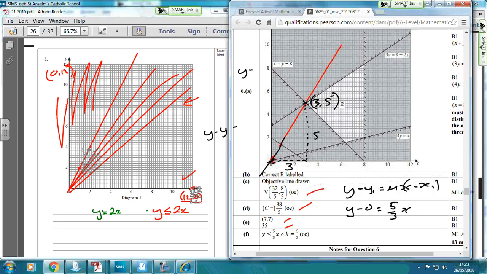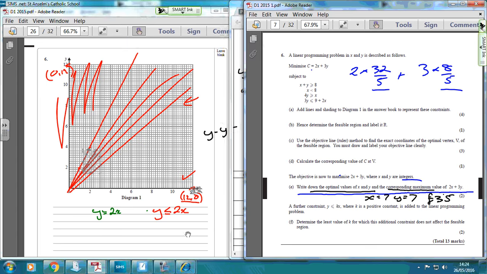So we end up with y equals 5 over 3 x, which, if we go back to the question, we're trying to find the value of k. So k equals 5 over 3, which if you rewind the tape by 30 seconds, you'll see.